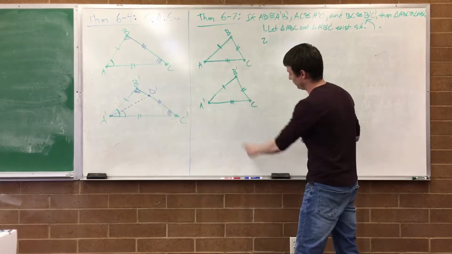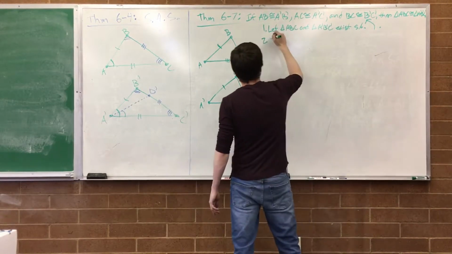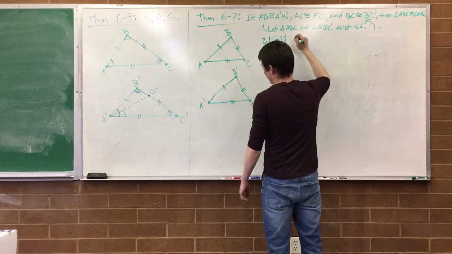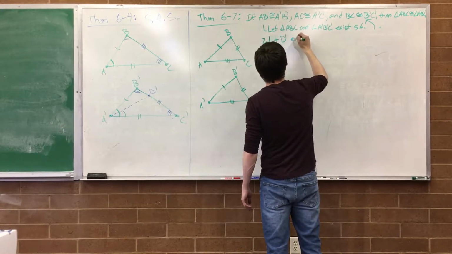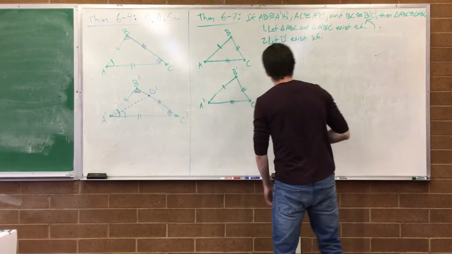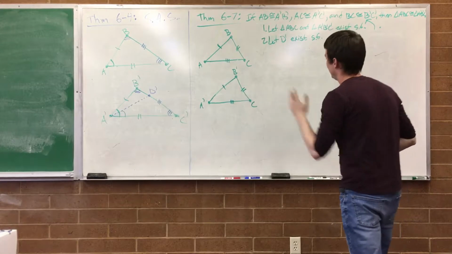So, how do we want to say this? Maybe we'll use 2 points. So let's call it, we'll use our D prime here and E up here. So let D prime exist. Maybe that's too confusing because we're creating an angle. I think you'll follow me.